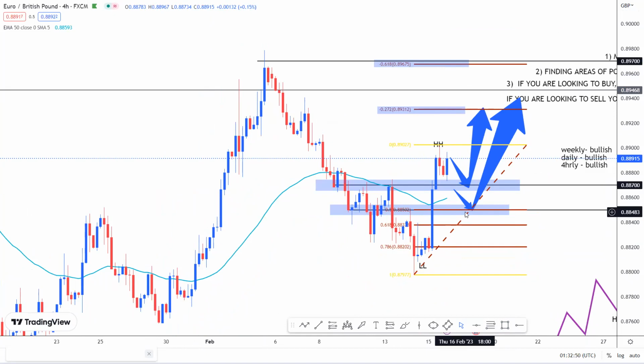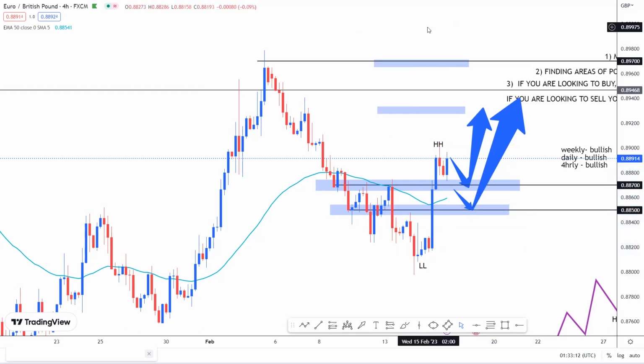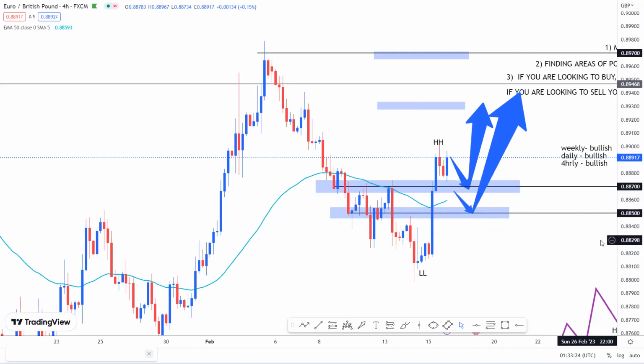So you want to be getting in at the right time zone, be it the London open, London session, whatever sessions you are very comfortable with trading, and then look out for candlestick confirmations, the rejection candlestick, and then the momentum candlestick as entry confirmations to go long for these identified areas of interest.